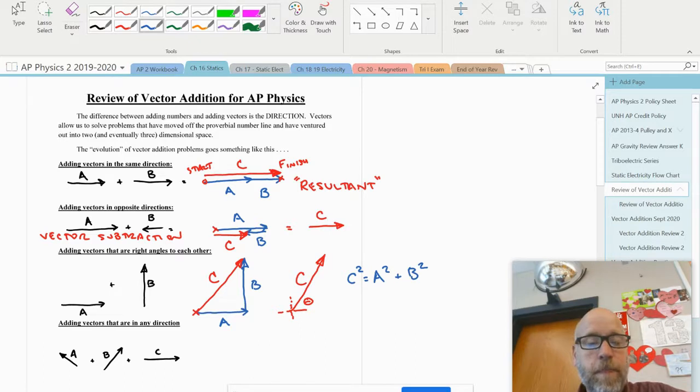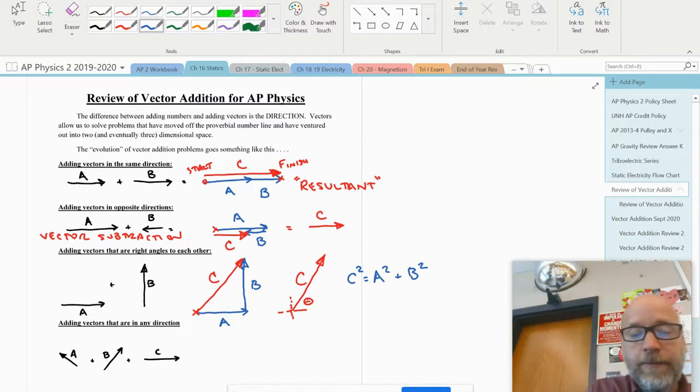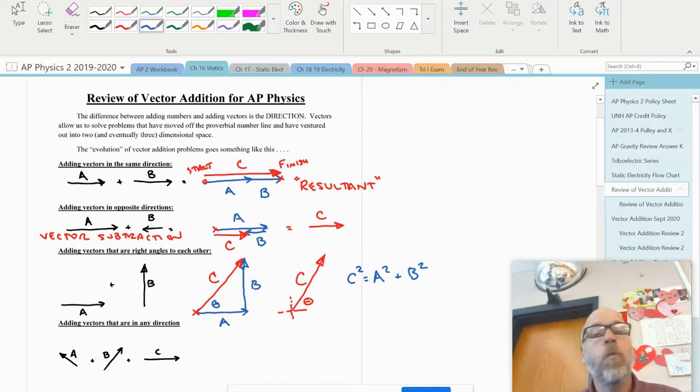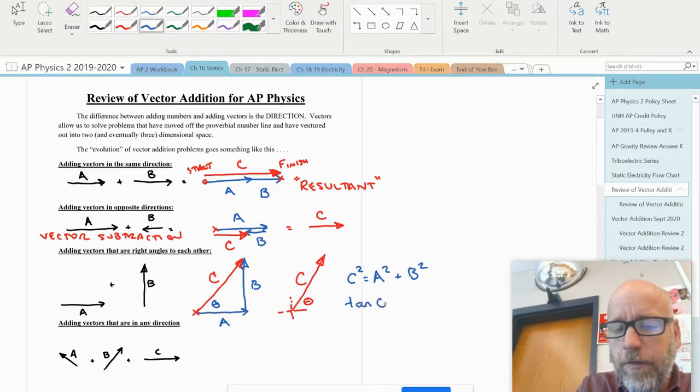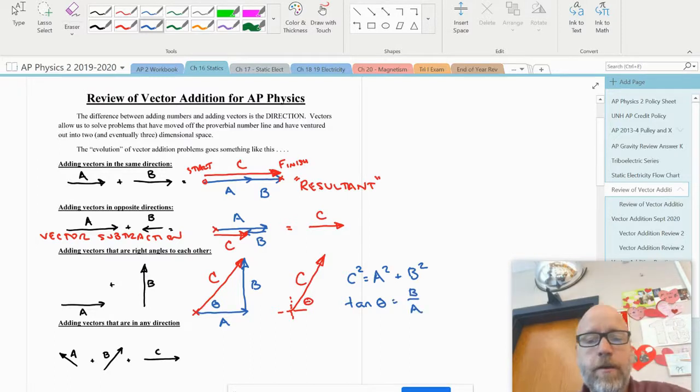Pythagorean theorem. And then to find theta, since b and a were given to me, I could use one of my trig functions, sine, cosine, or tangent. So I know opposite and adjacent, so I can say the tangent of theta equals b over a.